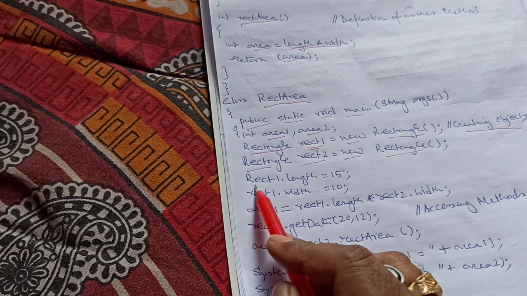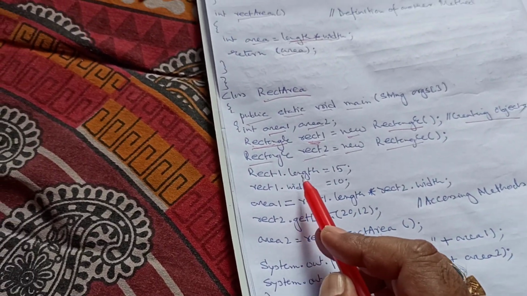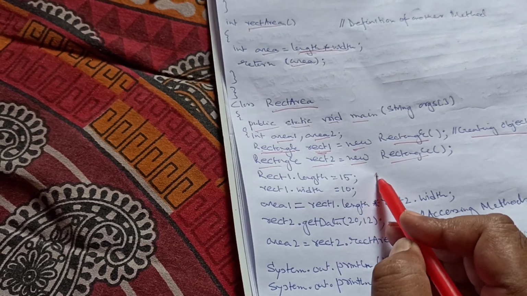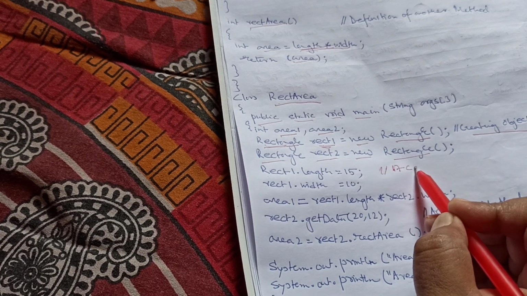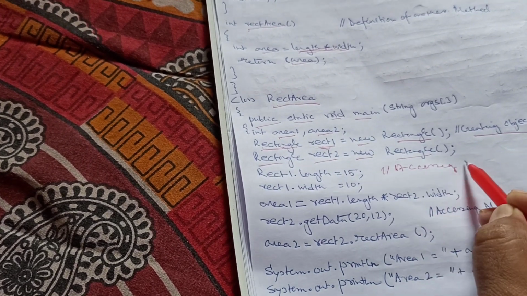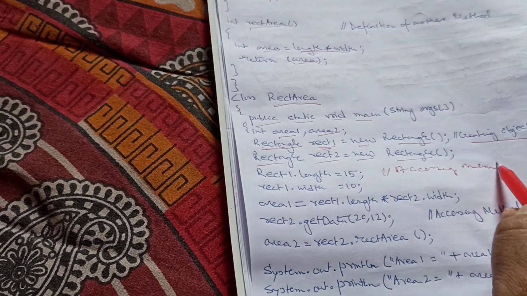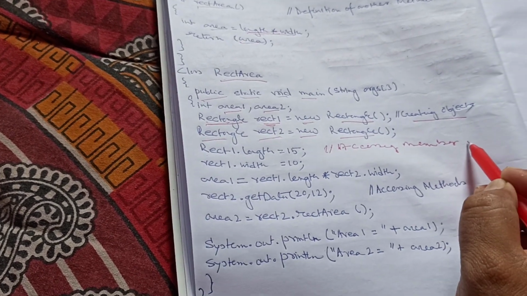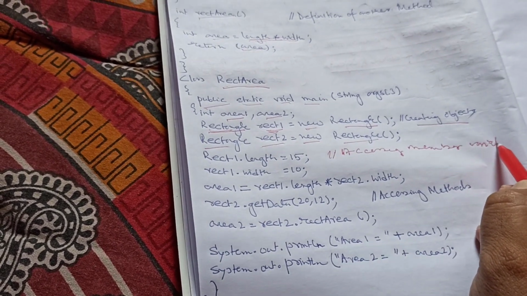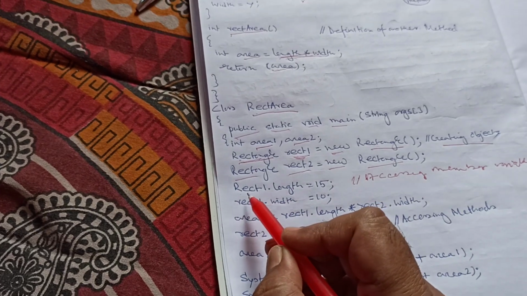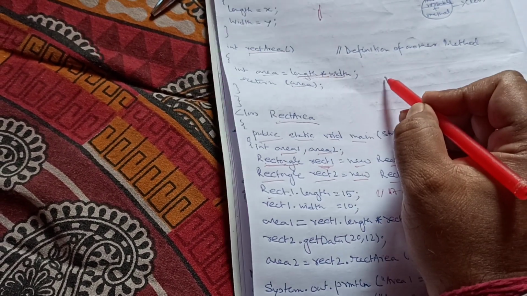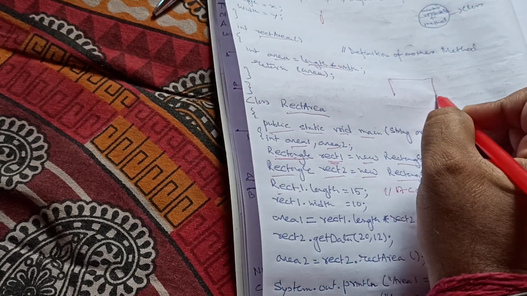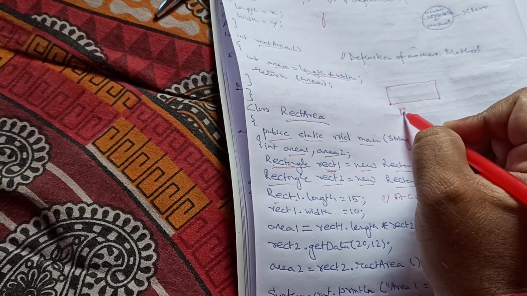Next we are accessing the member variables. Suppose we have created the object rect1.